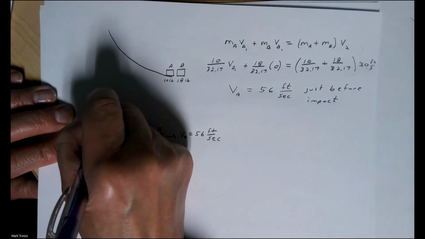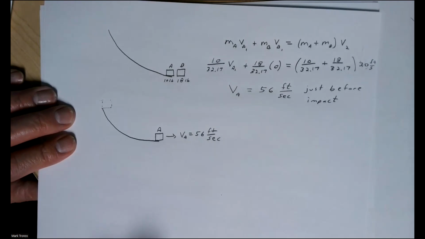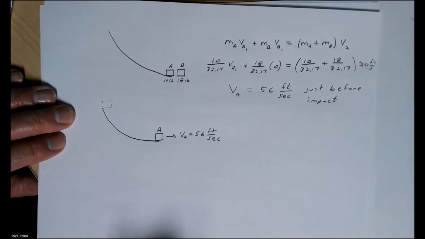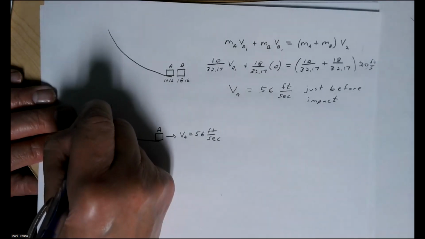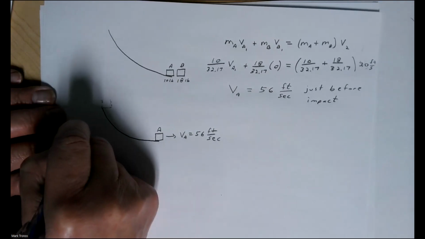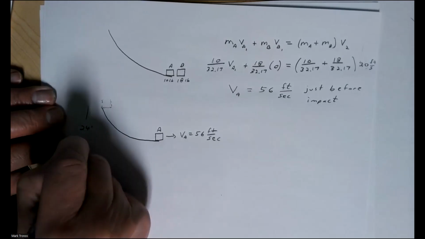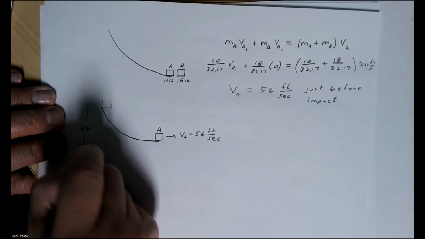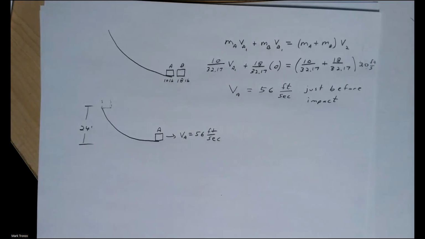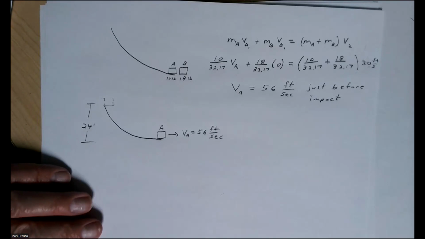And we want to know what happened up here, and that's 24 feet above the ground. And now we can use, say, work energy or conservation of energy, whichever you prefer.